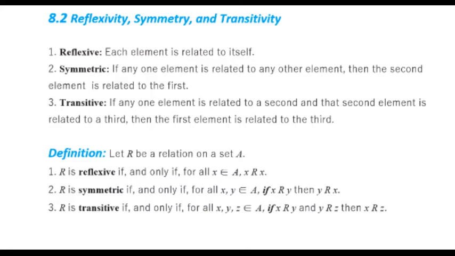We say a relation R on a set A is called reflexive if and only if for every element x belonging to A, x is related to x. Or in other words, we can say each element is related to itself. That means that the relation is reflexive.